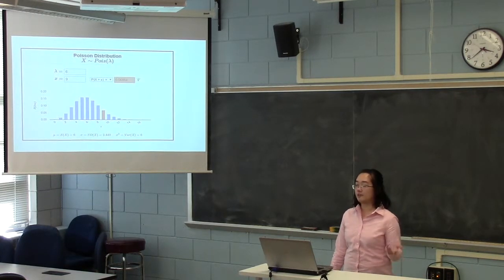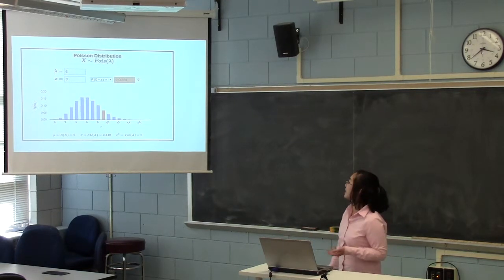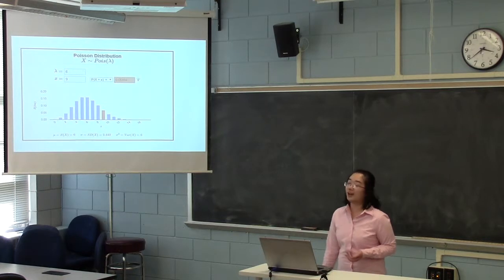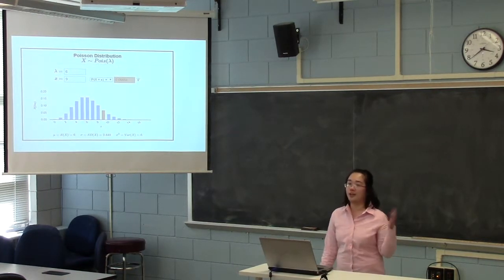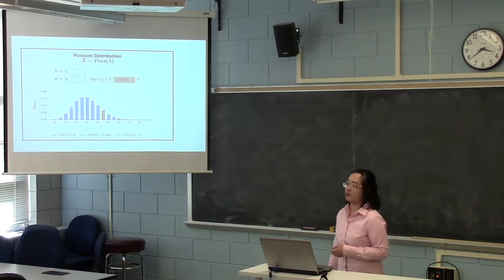So we have a lambda of 6, and we want to figure out the probability of 9 cars showing up at your drive-through. You just plug it in, and this is an app that I found online. You plug in what you know, and you want the probability that it would equal 9, and you would get a probability of 6%.